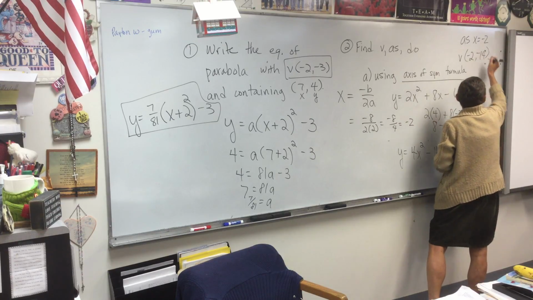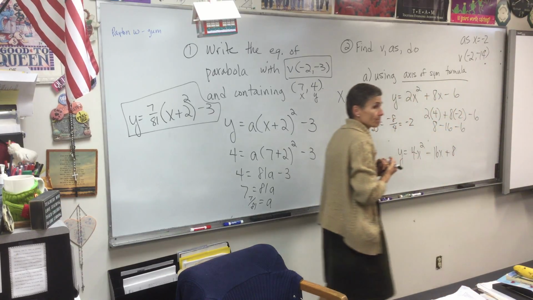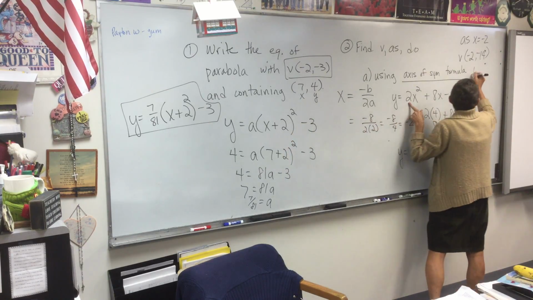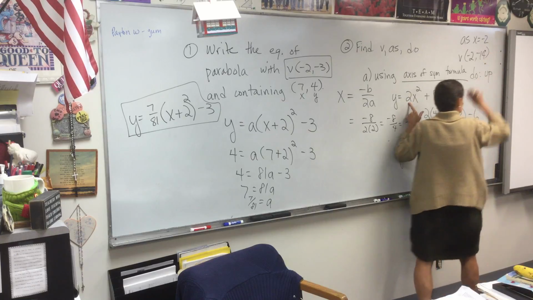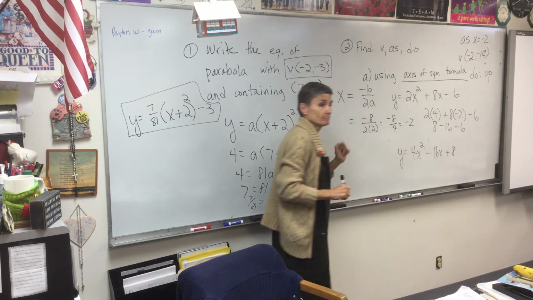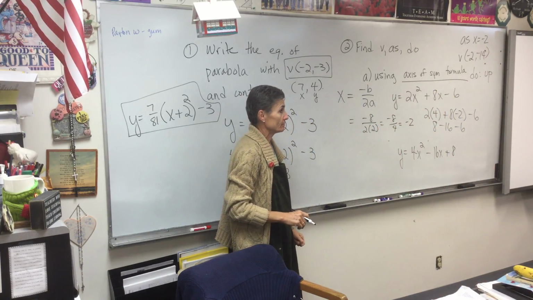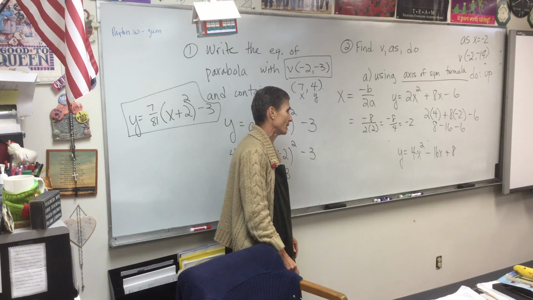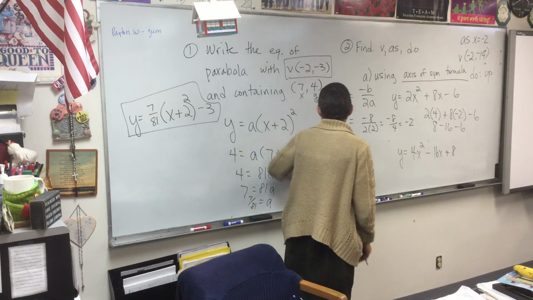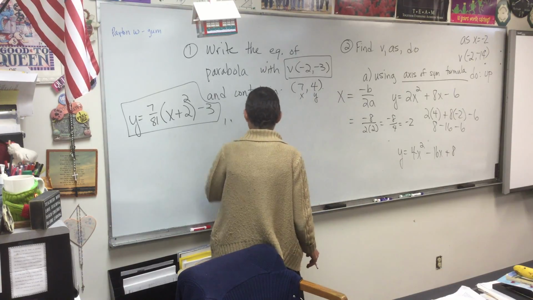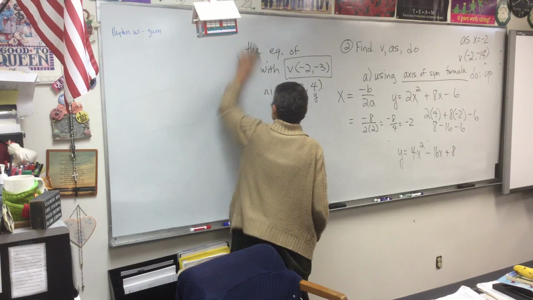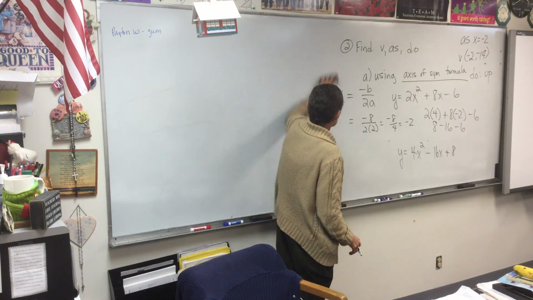Negative 14. Good job. And which way does it open? Up. How many got question 2 correct? Good. How did you get it right when you don't even know the axis of symmetry? All right. And then the last question, which is the completing the square question.